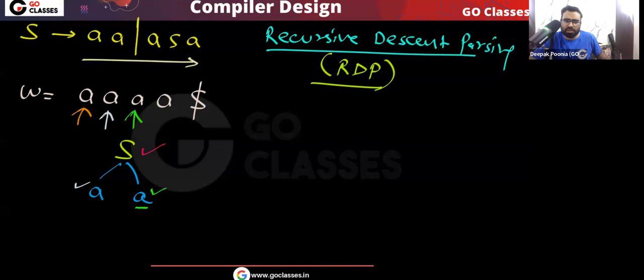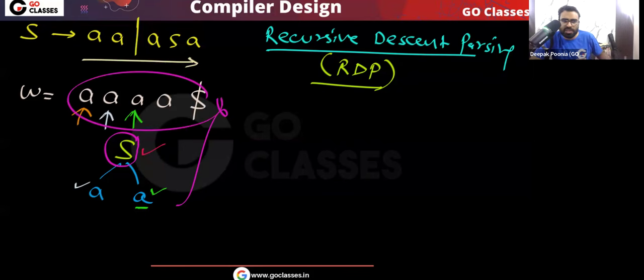No, we will not try. Yes or no? Because this production itself is successful, the recursive descent parser will never try the next production. So this starting S has become successful, and is saying that I am successful.